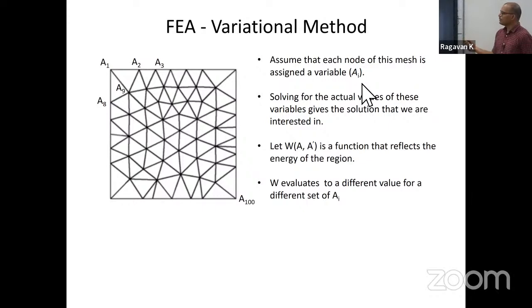Let's say, like how you do in iterative methods, initially you have a set of A_i values. When the set of A_i values in your next iteration are evaluated, your energy value gets changed, right? That's the meaning of this W(A, A_i). For a set of values, you have some energy.